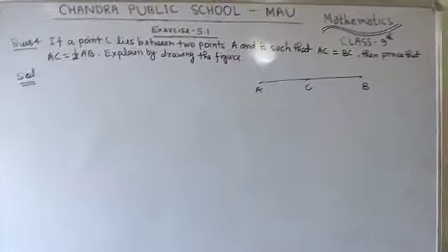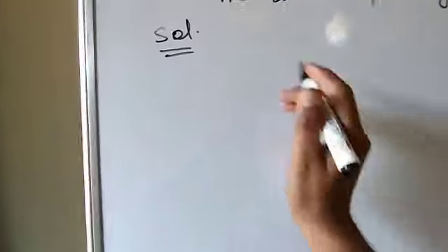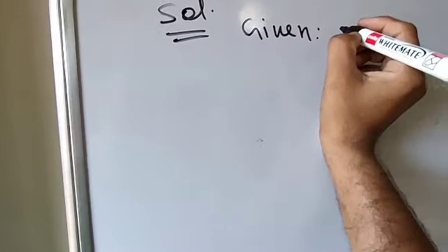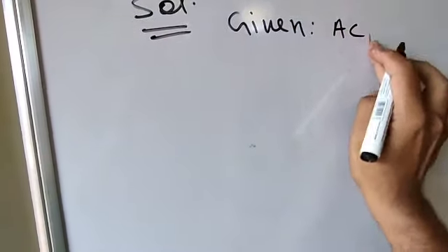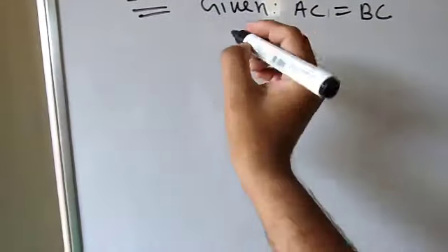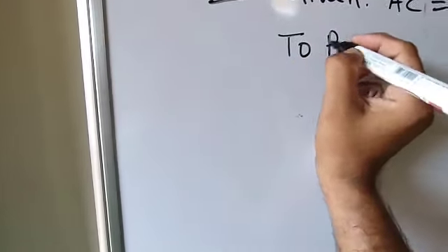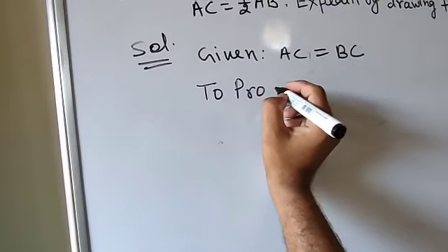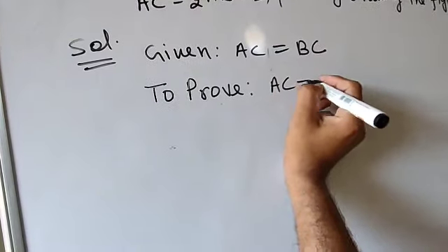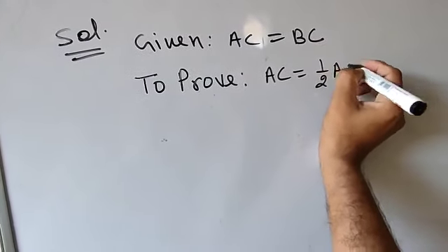So diagram I had drawn. Now I am going to give the solution. What is given in the question is that AC equal to BC. Now what you need to prove is AC equal to half AB.